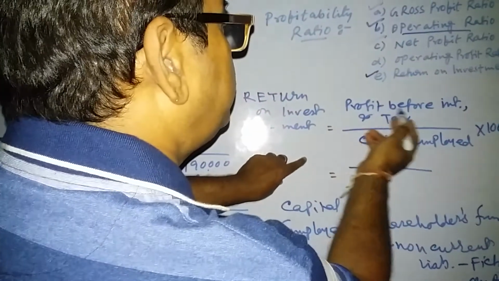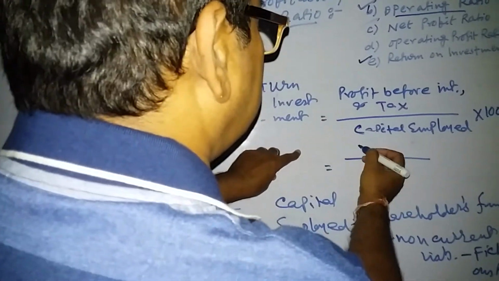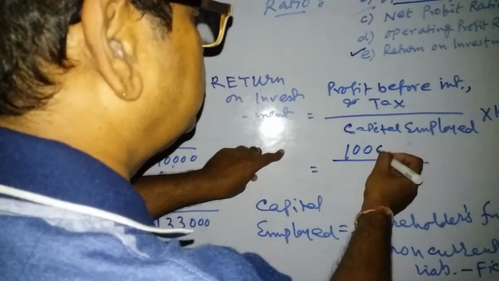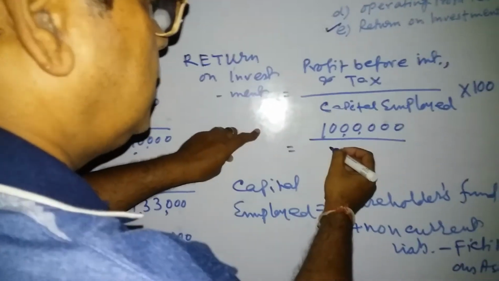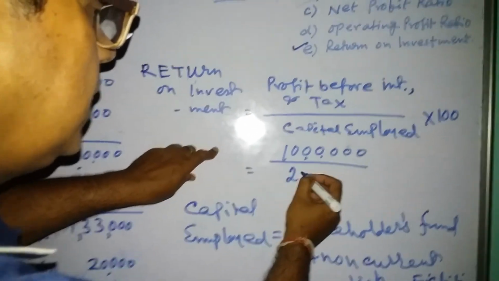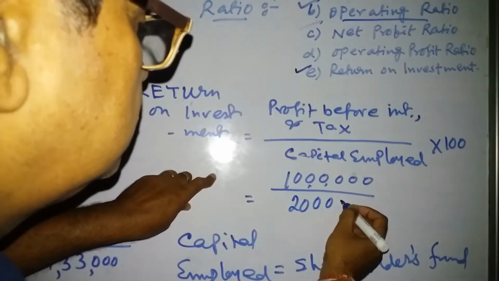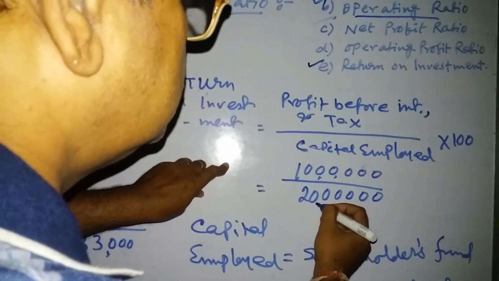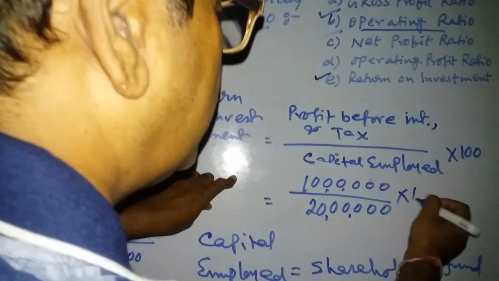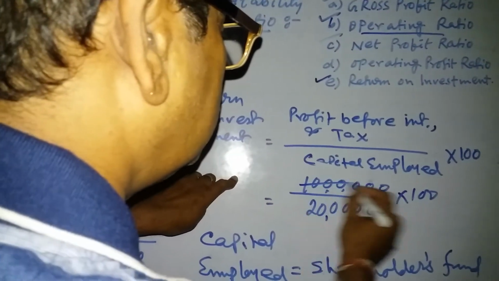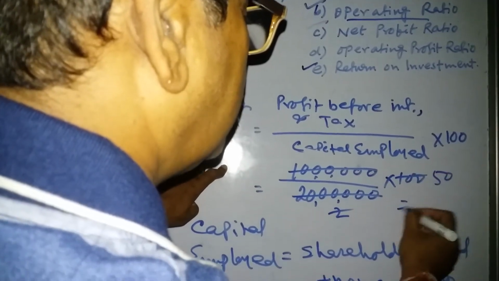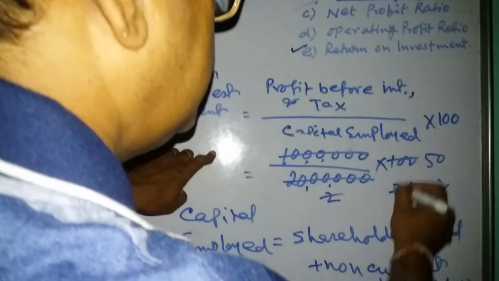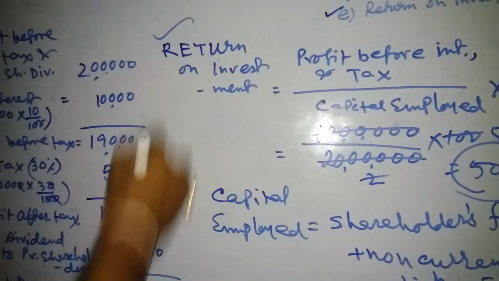Suppose profit before interest and tax is 10 lakhs and capital employed is 20 lakhs, into 100. So 10 lakhs to 20 lakhs into 100, that is 50% will be the value of return on investment.